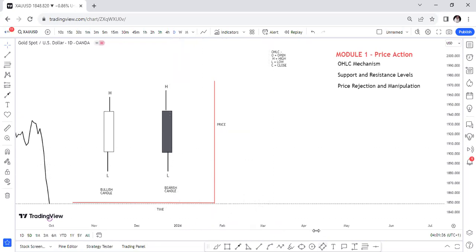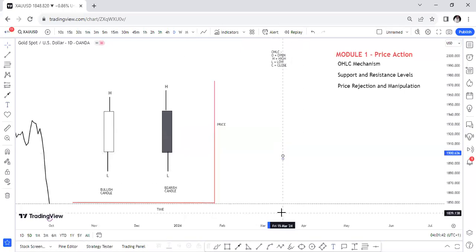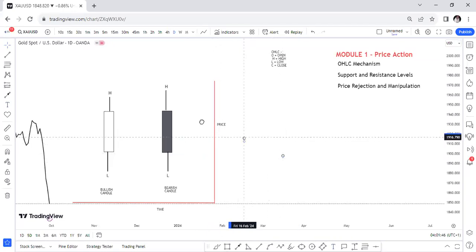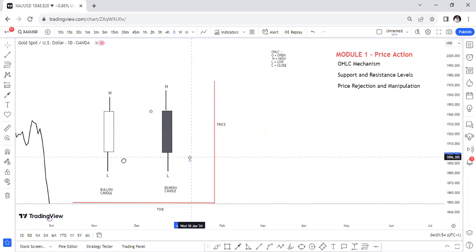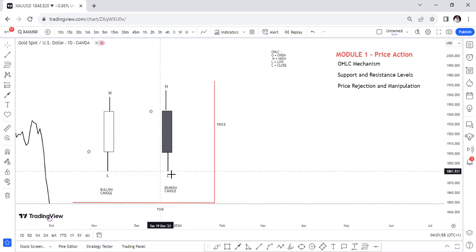And we have the open. This is the open here. It opens below, closes above.